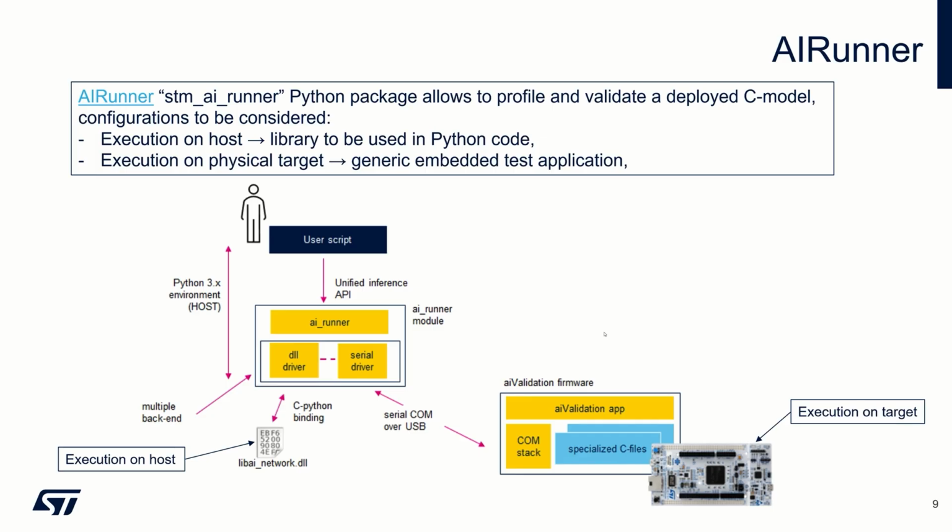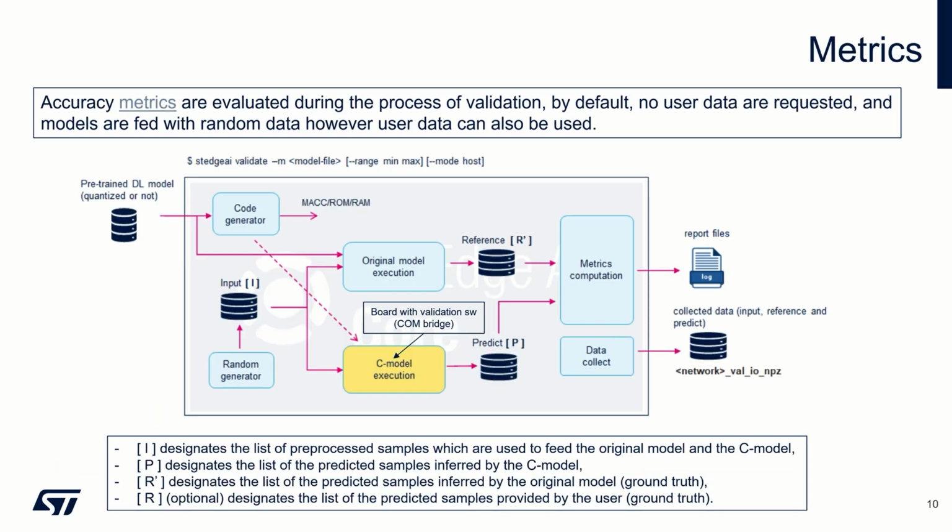Why such an approach? Having the model executed on the host and, in parallel, the model executed on the target hardware, we can consider the model executed on the host as the original model, our reference, while the model deployed on the target hardware performs prediction, and we can compare the results using an input dataset, and by default this input dataset is random.